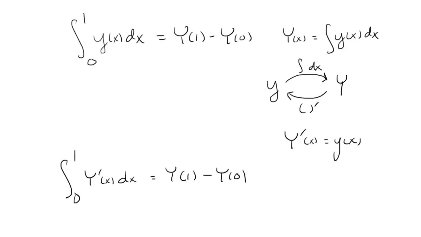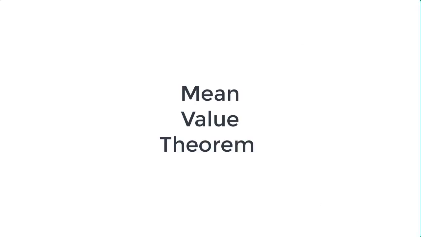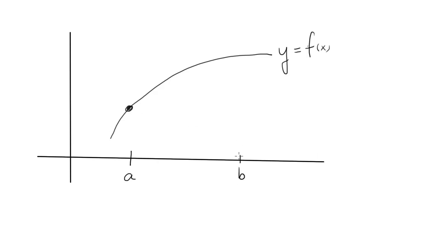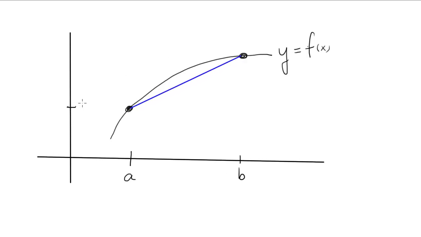Before we do, we need to refresh our memory about the mean value theorem. Mean value theorem is a statement on slopes. We look at a graph of a function, pick any 2 points on that function, calculate the slope of the line segment that connects those points. Slope, rise over run.